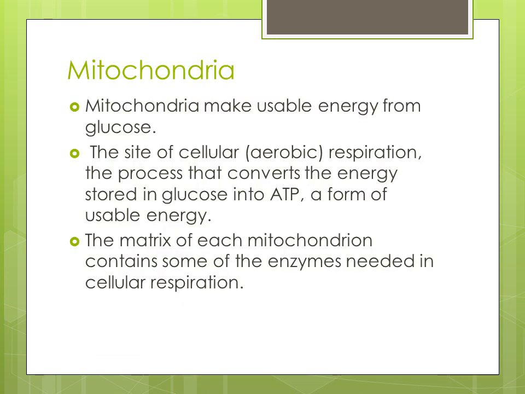Mitochondria make usable energy from glucose. It is the site of cellular or aerobic respiration, the process that converts energy in glucose into ATP, a form of usable energy. The matrix of each mitochondrion contains some of the enzymes needed in cellular respiration. So each mitochondria has some of the enzymes, and they work together.